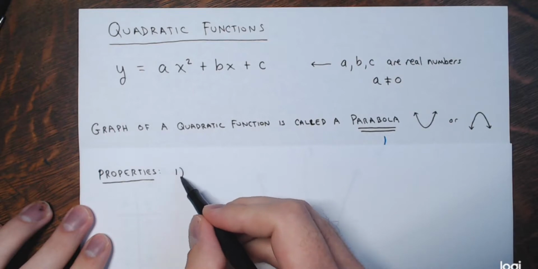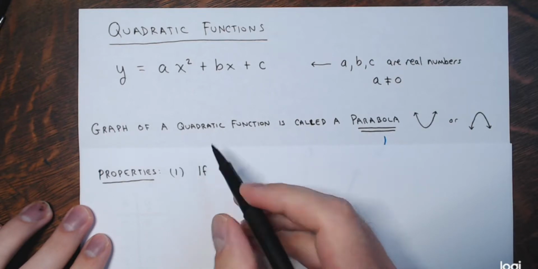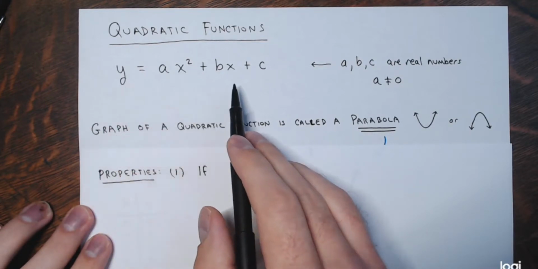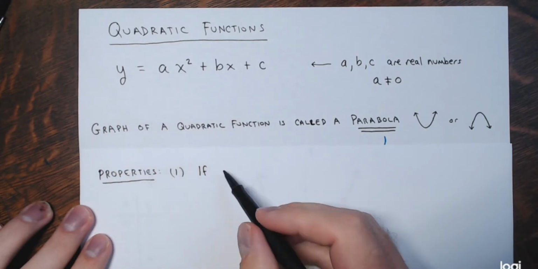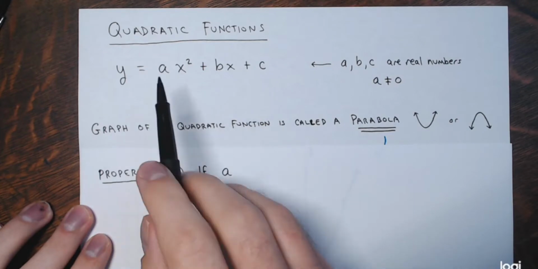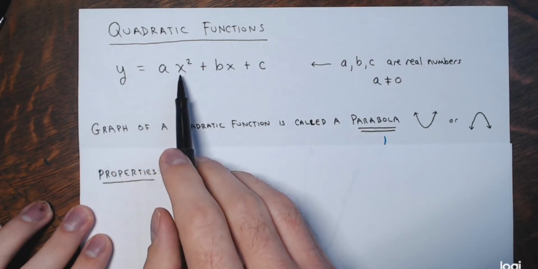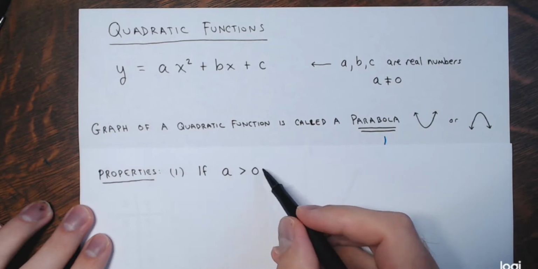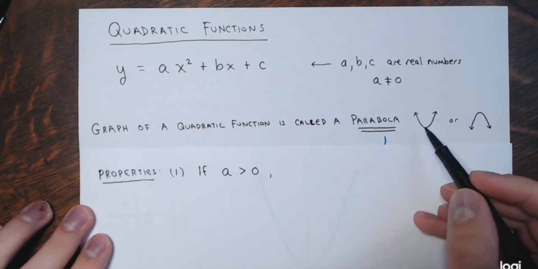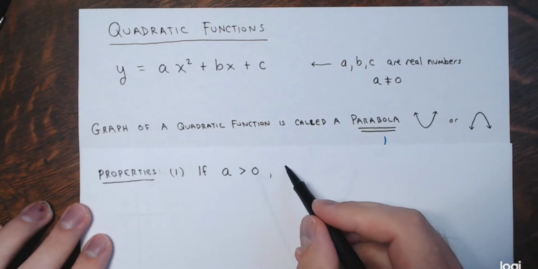The first one is if we got y equals ax squared plus bx plus c, right? We're looking at functions like this. If a, right, if the coefficient of the x squared term, the quadratic term, if a is positive, then the parabola will be opening up.